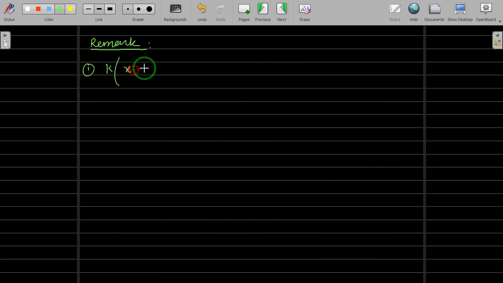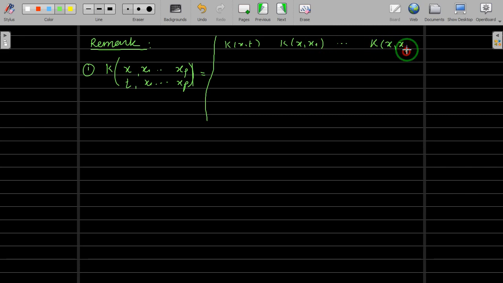So k of x, x1, ..., xp; t, x1, ..., xp. Now this is the determinant. You can guess what is the order once I write this. The first row is K(x, t), K(x, x1), up to K(x, xp).